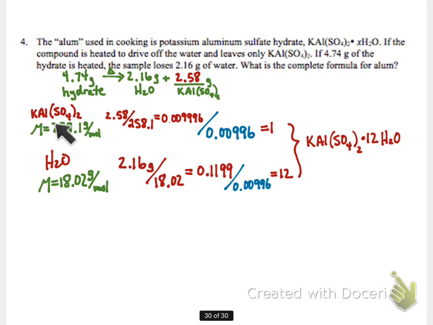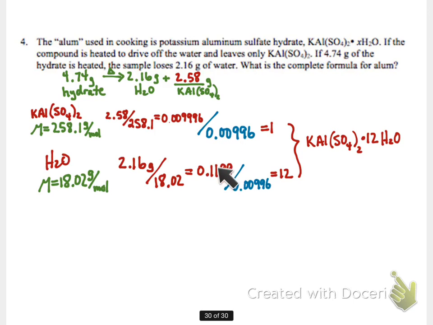Okay, the next step is going to be to calculate the molar mass of both, take the grams, divide by molar mass, convert to moles. Again, the numbers are going to be really tiny because we have actual lab data, really small numbers of grams. Take the grams of water, divide by the molar mass of water, and get the moles of water.